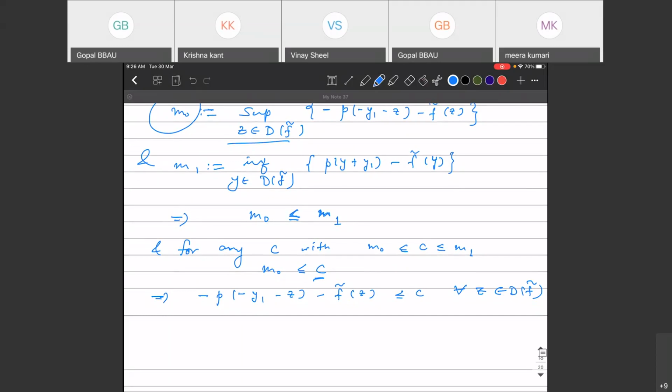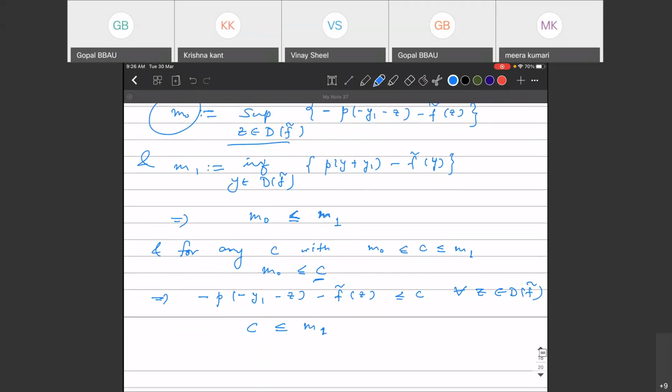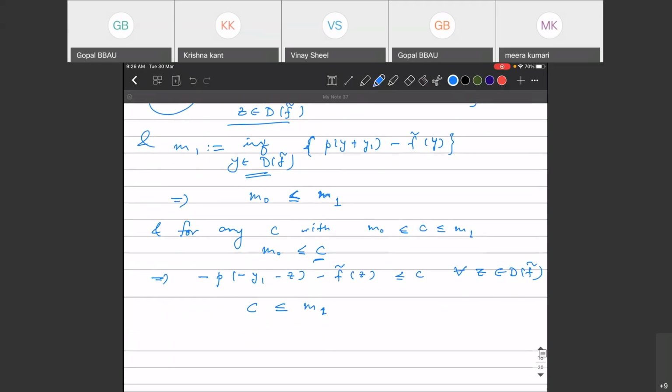Similarly, we have c less than or equal to m1, and here what is m1? M1 is the infimum of this. So the least thing is c is less than the least thing. Whatever the least quantity of this, c is less than that.